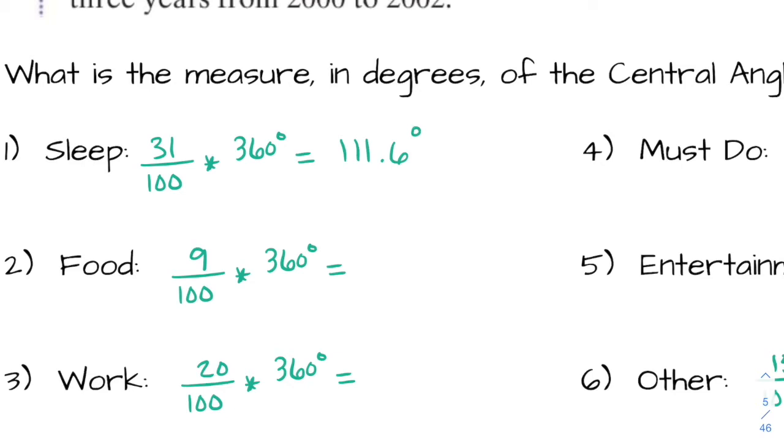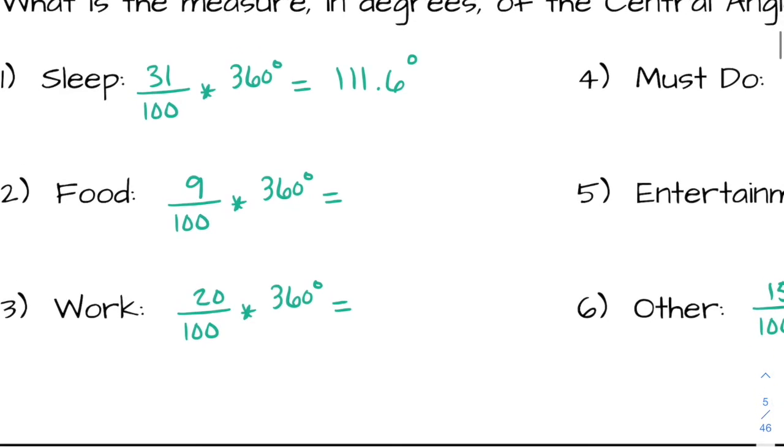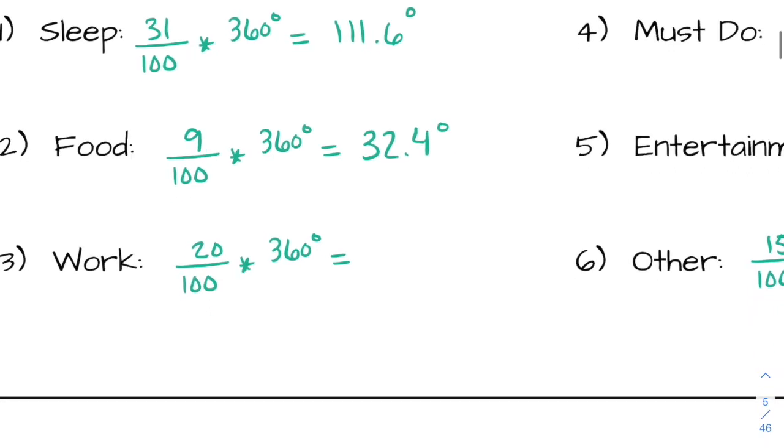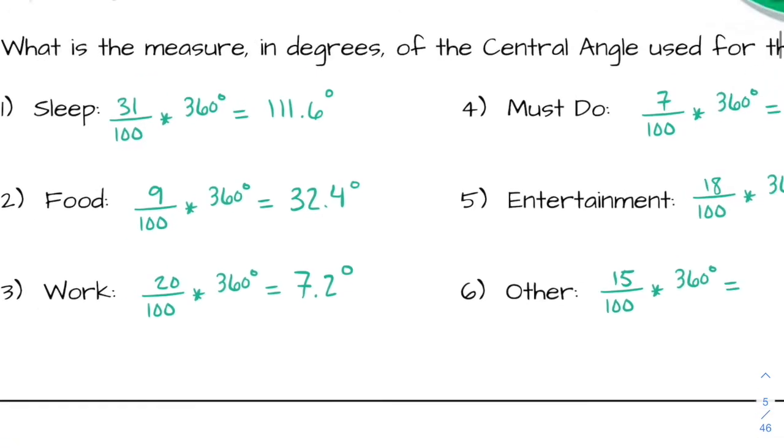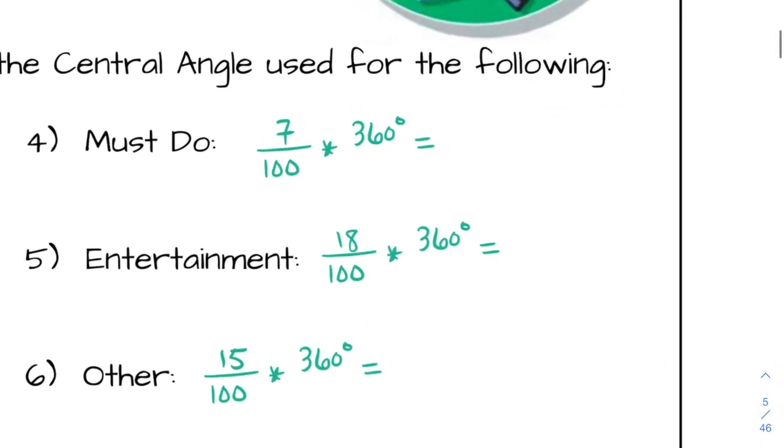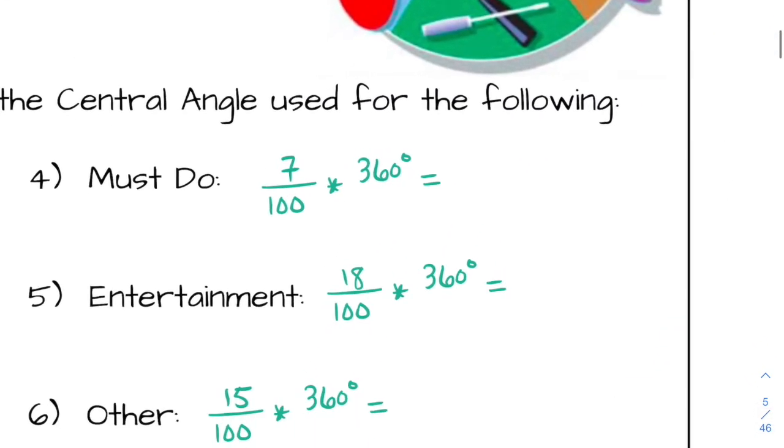9 out of 100 times 360 is 32.4 degrees. Work, 20 out of 100 times 36 is 7.2 degrees. Must do is 36 times 7 divided by 100.